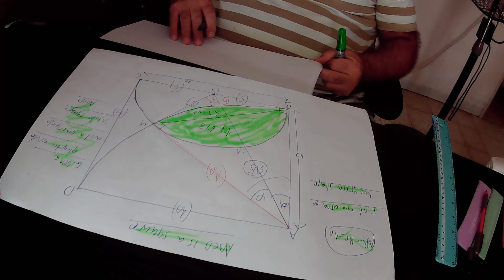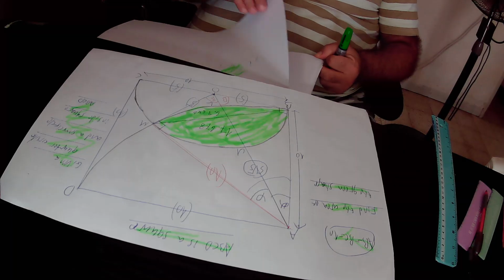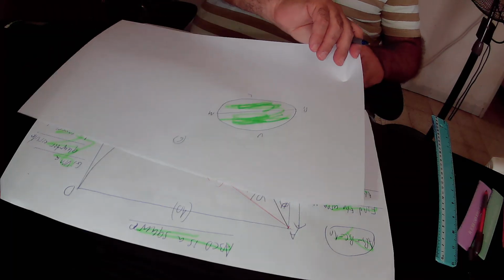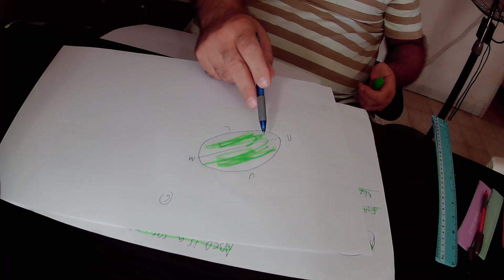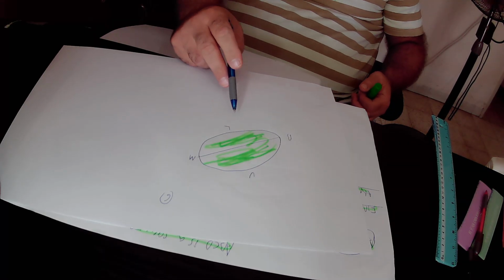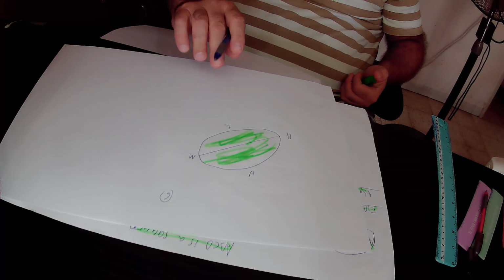And again, the area of this green shape equals the area of upper segment BOM plus the area of the lower segment BLM.